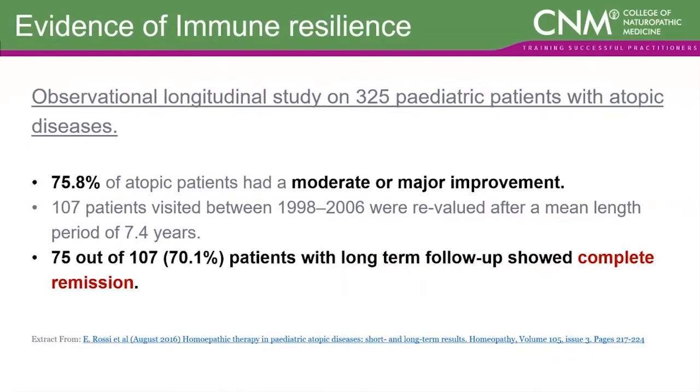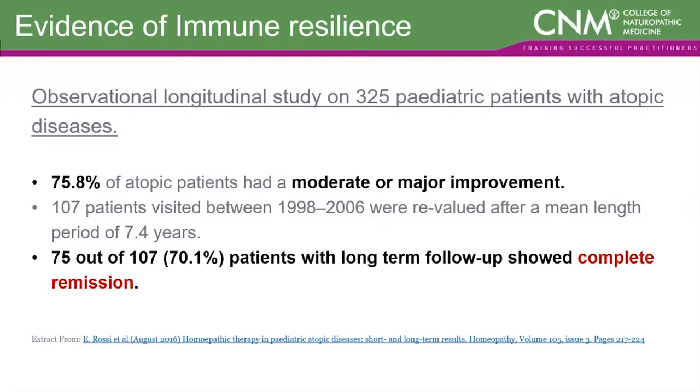It was 325 pediatric patients with atopic diseases, most of whom would have had eczema. 75.8% of atopic patients had a moderate or major improvement during the treatment. 107 patients visited between 1998 and 2006. They were reevaluated after a mean period of 7.4 years, so this is quite an extensive trial period. And 75 out of 107, in other words 70.1% of patients with long-term follow-up, showed complete remission.